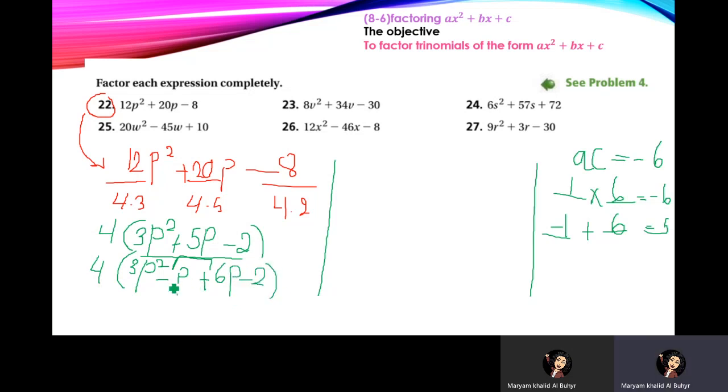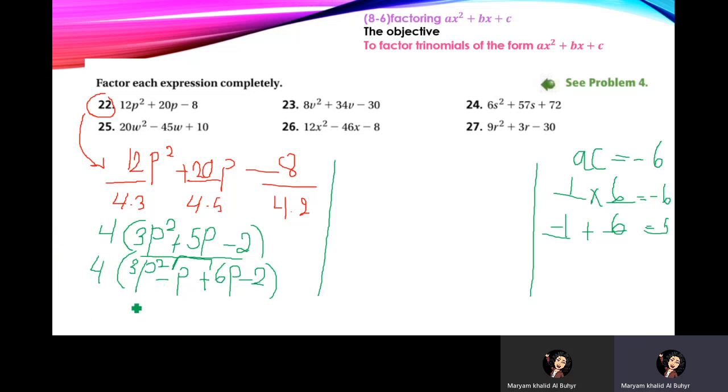Why did you write negative p here? Why don't you write 6p here and negative p here? I'll tell you why. Because I can see there is a common factor between them. I can take p. If I put p here, there is no common factor between p and negative 2. That's why I put negative p here.